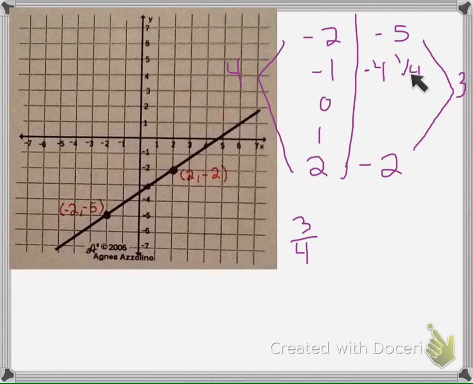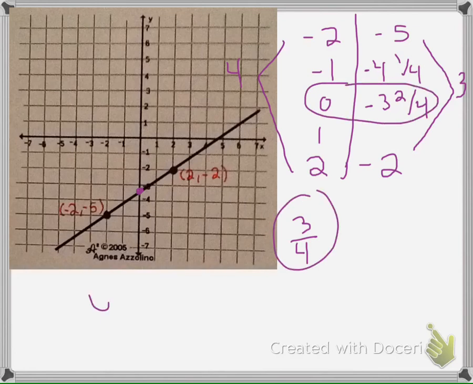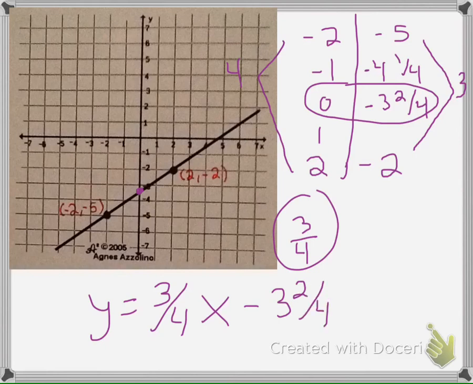So then -4 1/4 plus 3/4 again gets me -3 2/4, which is the same as -3 1/2. So let's look at our table. That is about at -3 1/2. So I know that the work on my table is pretty accurate. Okay, so I have both things I need to write my equation. y equals 3/4 x minus 3 2/4. Or you could say minus 3 1/2 if you'd like.